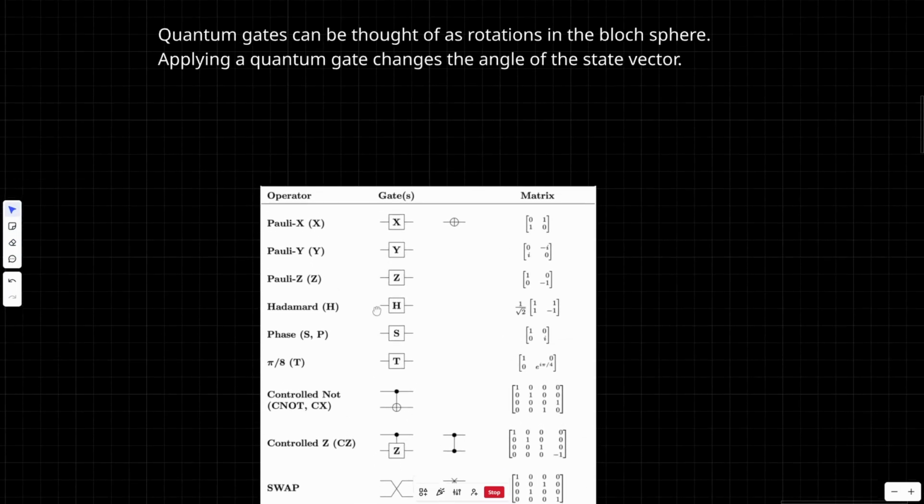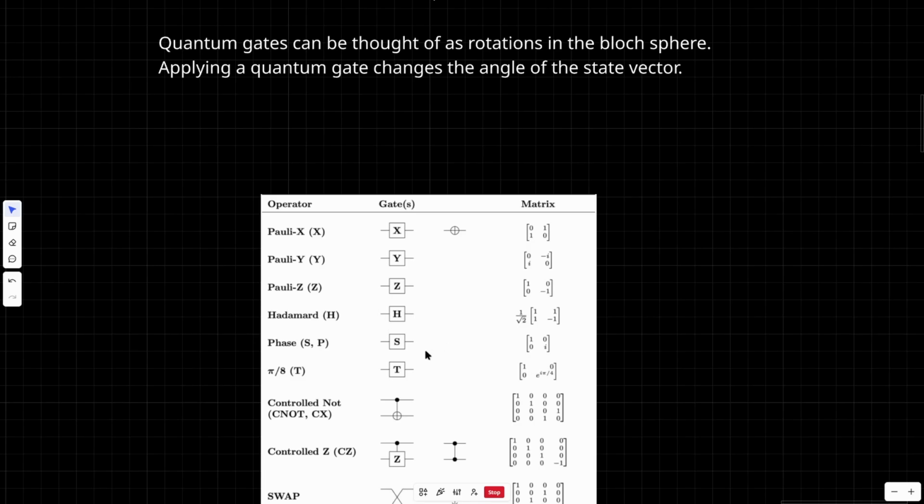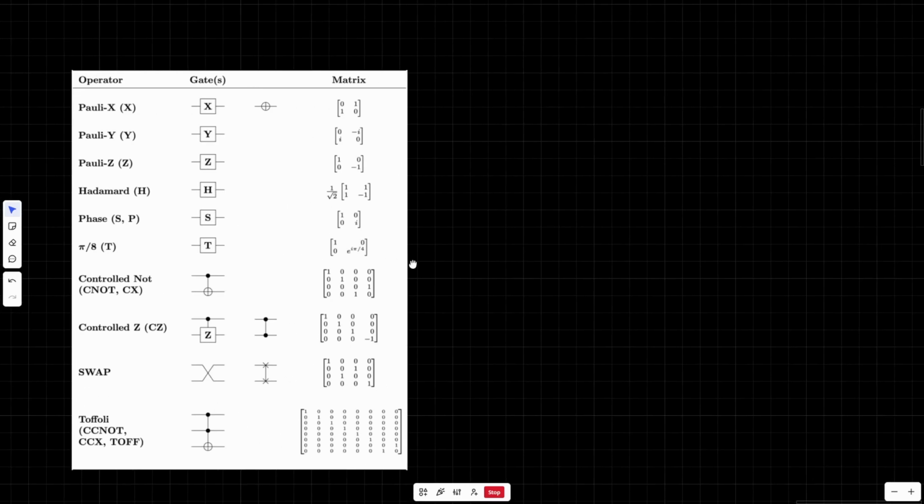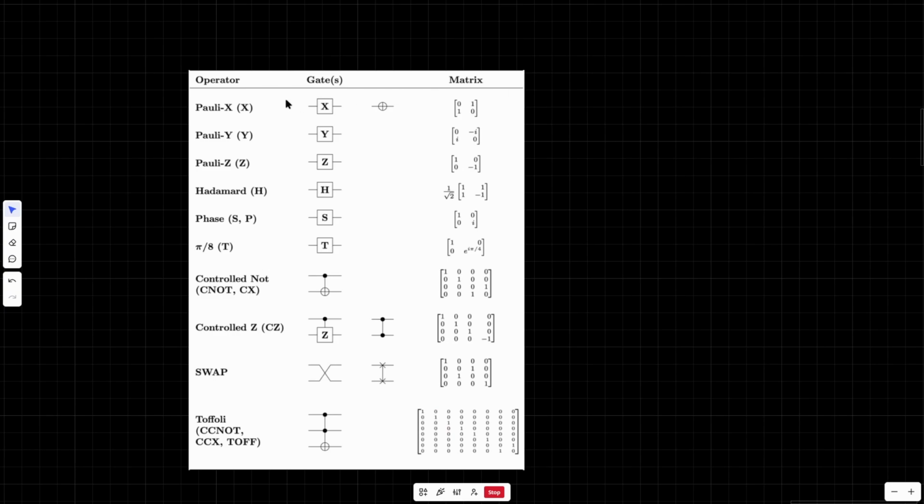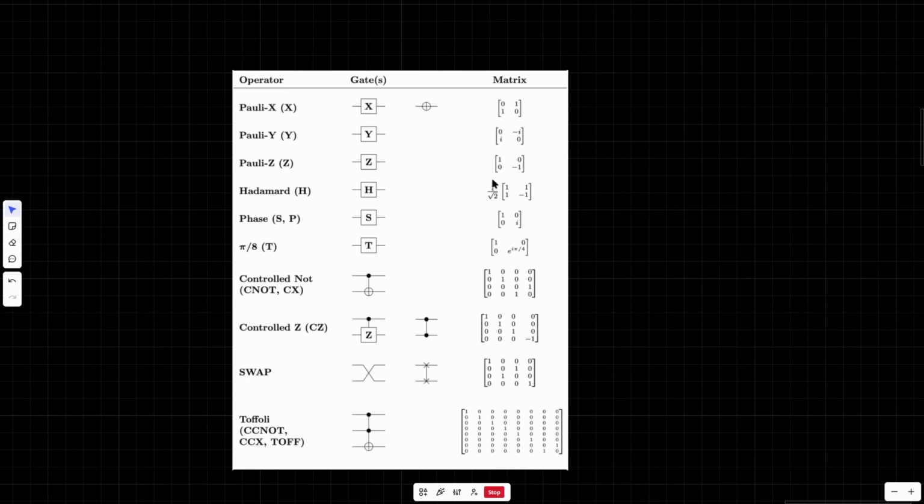Now let's go through a list of quantum gates and the changes they make on the Bloch sphere. Well, we don't have to go through all of them, but we can see that every gate right here can be represented as a matrix, and this matrix corresponds to some sort of rotation on the qubits that it is responsible for. For single qubits, it will correspond to a rotation on the Bloch sphere of one qubit.